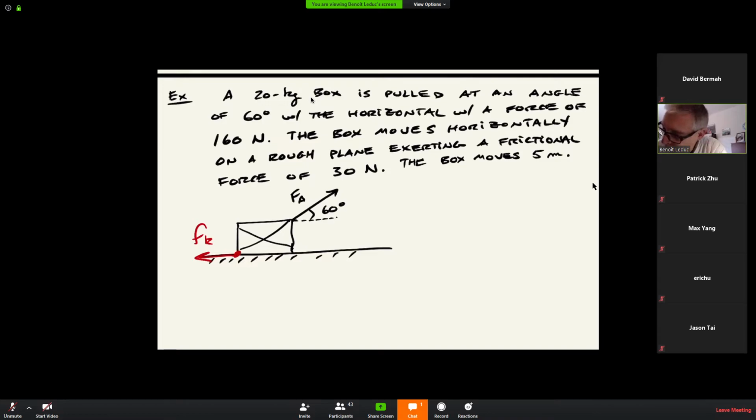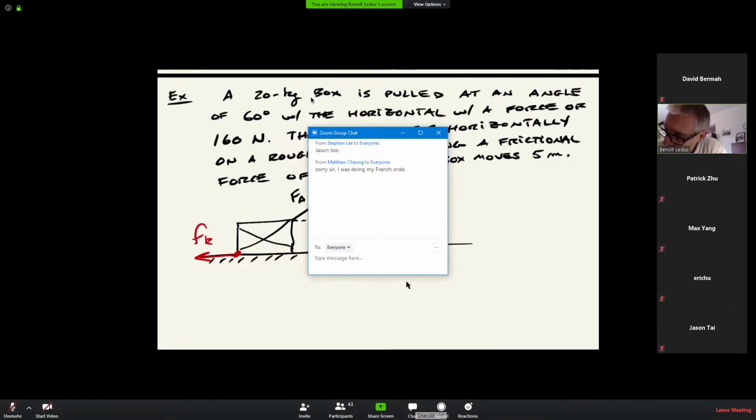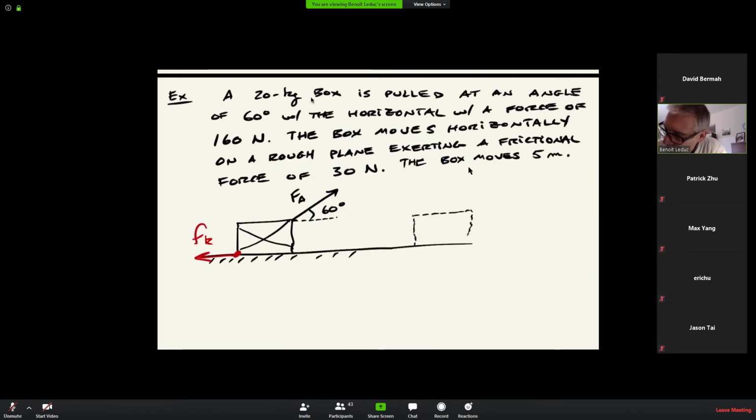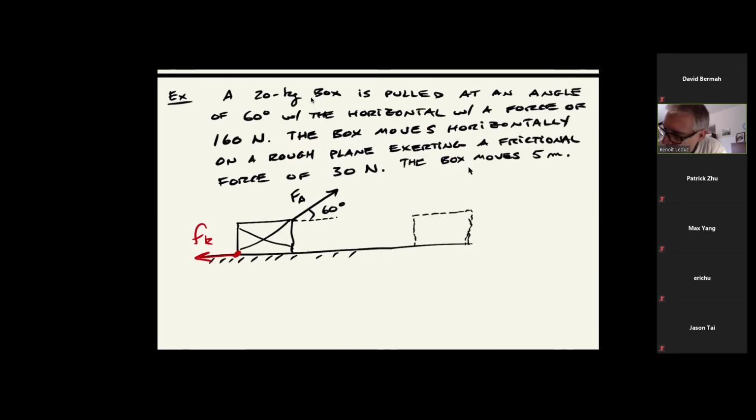Nonetheless, I will sort of do an FBD. So this is your box here. All right, and it's going to be the displacement of the box. Now this is our still FA here. The friction is still there, and so on.